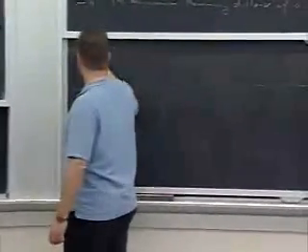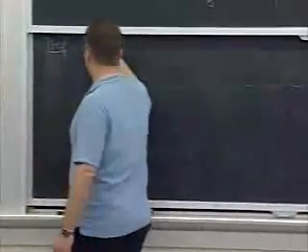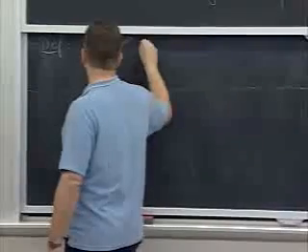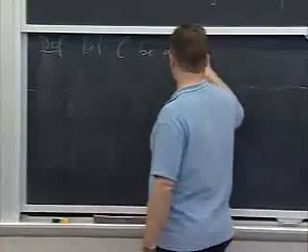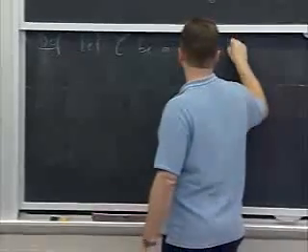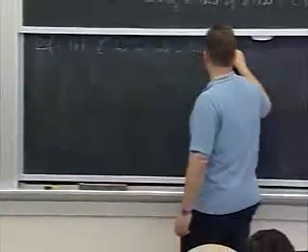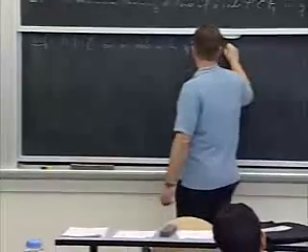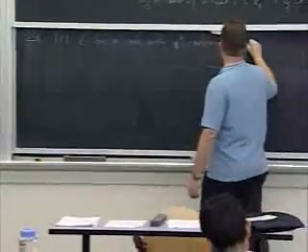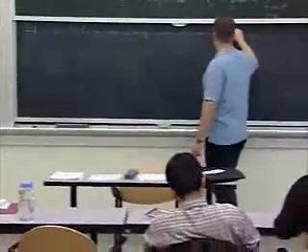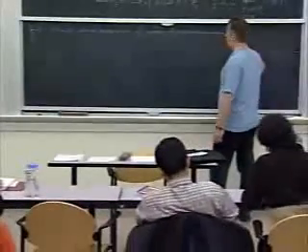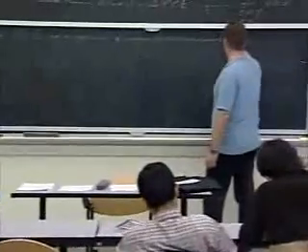In a definition, let C be a code with q to the k code words over alphabet F_q.